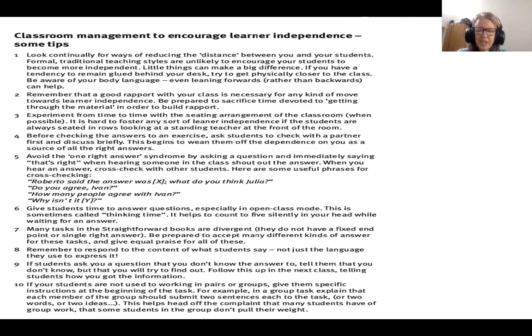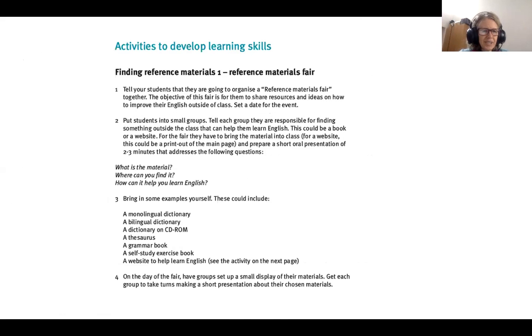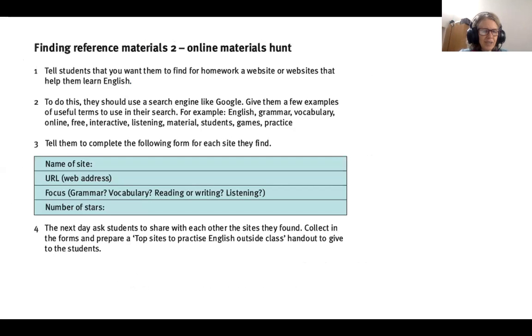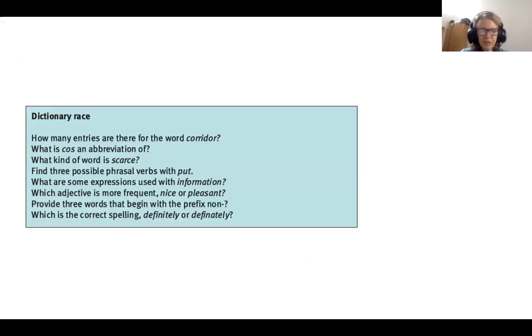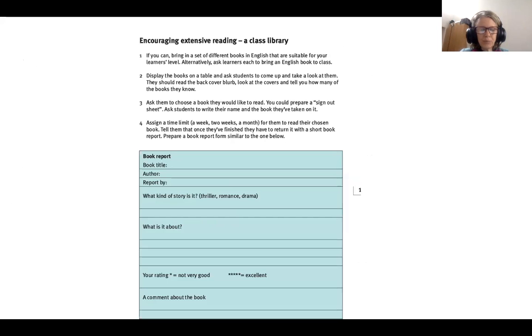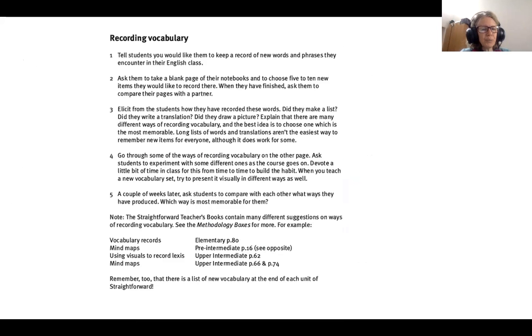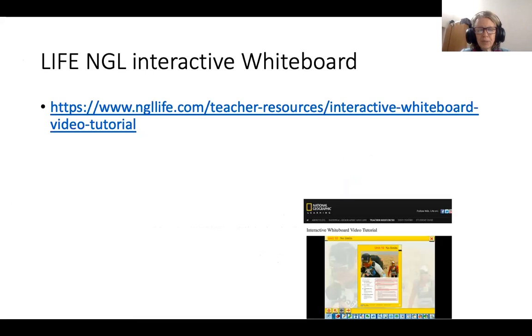They have a newsletter, schools often have newsletters. It might be one class each month has to do the newsletter. And how to find referencing materials, what you do like that. And dictionary. So, for example, have a little game where you have a race to find the word, different things about the word.